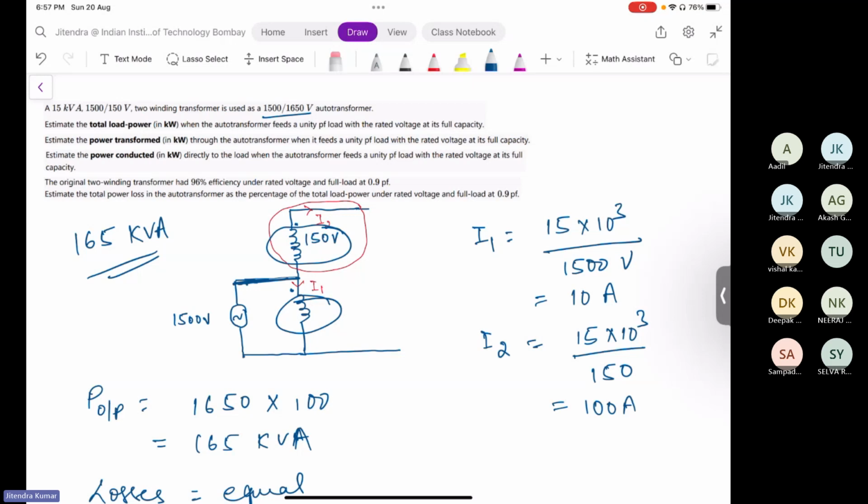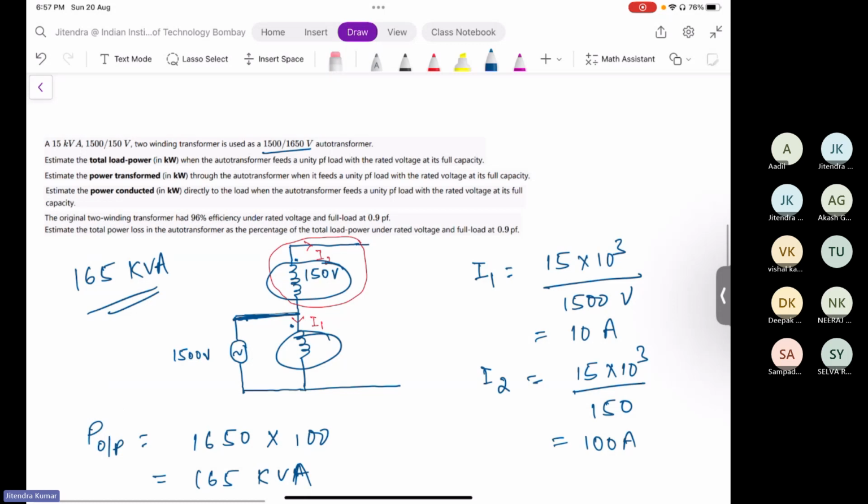But for problem solving purposes, whenever such information is not provided in the problem, you have to assume that core losses are the same, since frequency is the same, right? Generally, even frequency information is not given in this problem. So what will you do? You have to consider the same core loss. There is no other way.